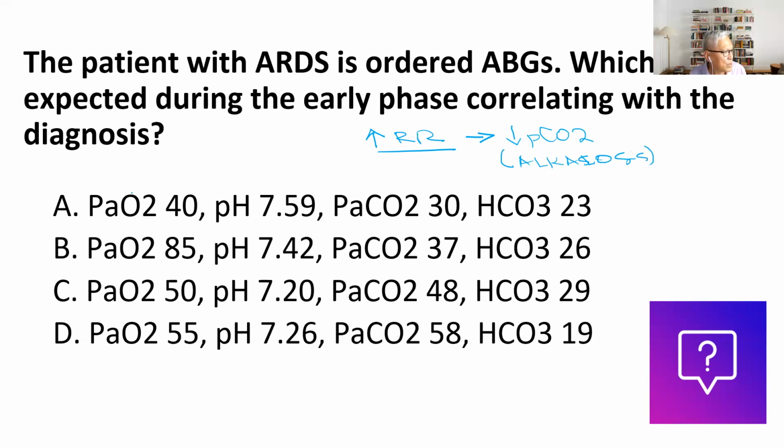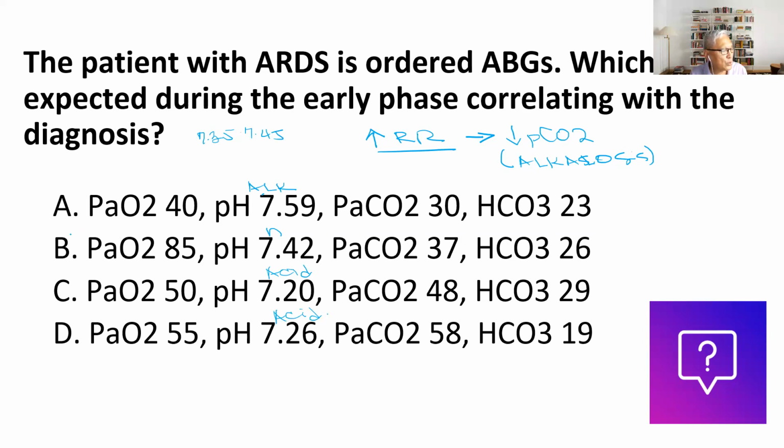All right, so if we take a look at the pH of 7.9, this is alkalosis. This is normal because you remember pH is 7.35 to 7.45. And then of course, over here, this is acidosis. And over here, this is also acidosis.